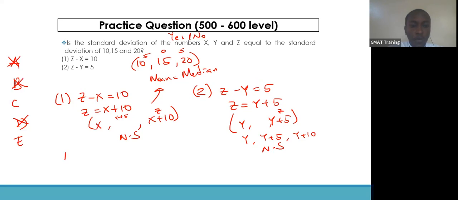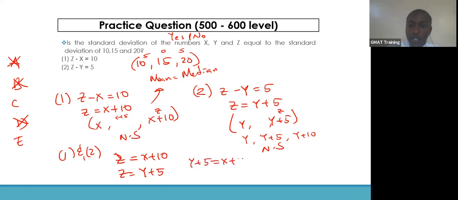Let's combine 1 and 2. Combining 1 and 2, we know that z equals x plus 10 and z equals y plus 5, right? That being said, y plus 5 equals x plus 10, and this means the difference y minus x equals 10 minus 5.